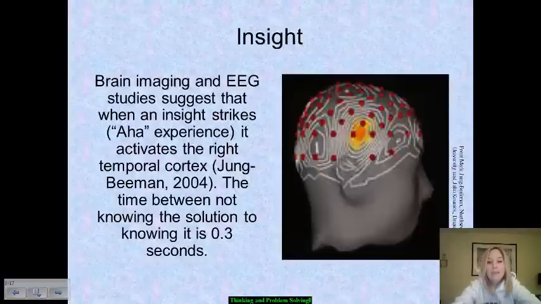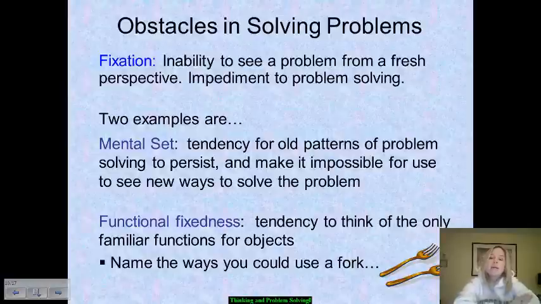And the time between not knowing the solution to knowing it, when we see these brain scans, is only 0.3 of a second. It's very, very quick. So it is an interesting piece to our ability to understand how we problem solve by having those imaging techniques that enable us to see what physiologically happens to our brain as we're going through it. Now, there are several obstacles to problem solving that we do need to take a bit of time to discuss.